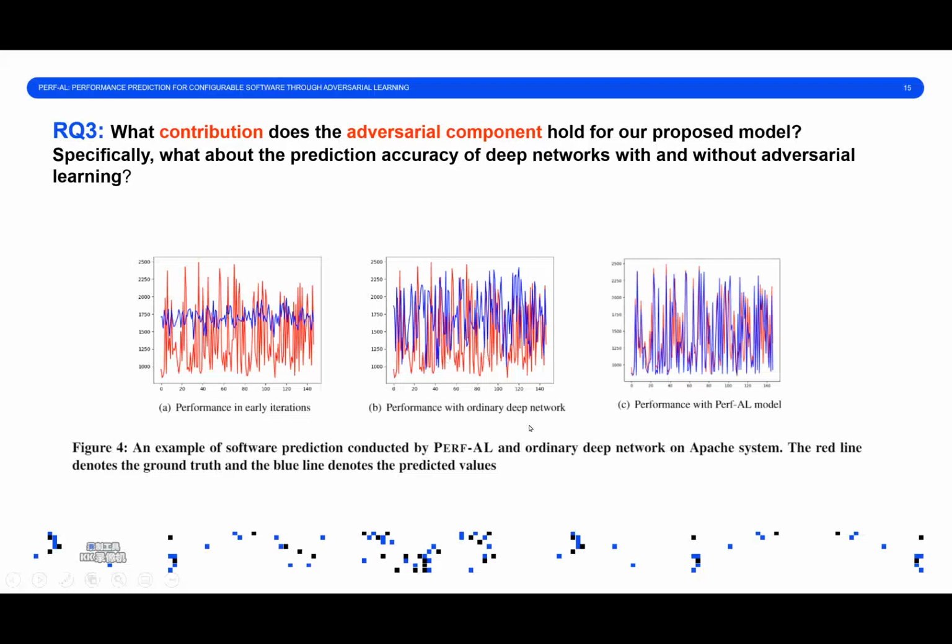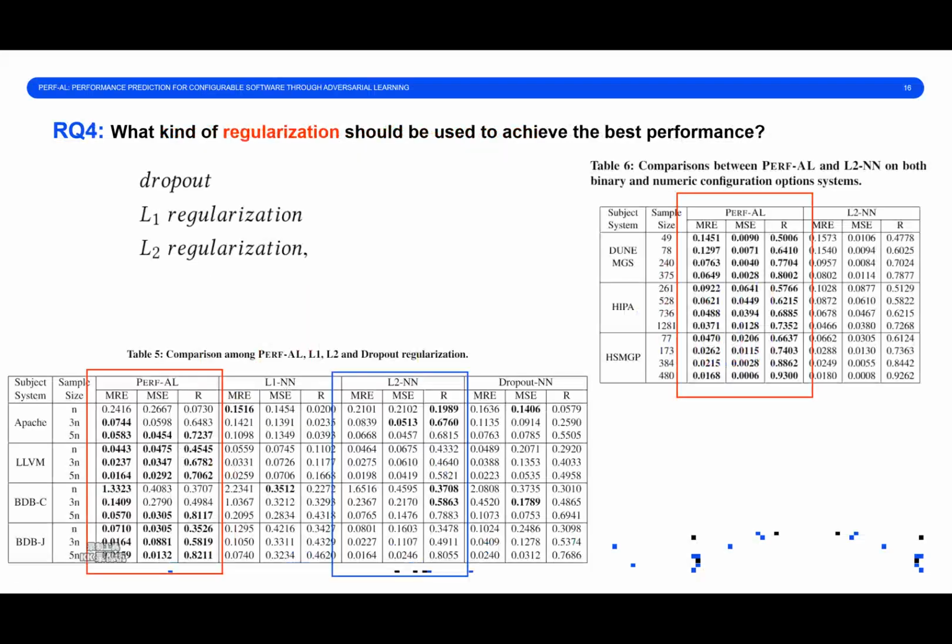The middle picture is a deep network, which is not as good as the right picture, because the right picture uses GAN, but the middle picture is without GAN. So GAN has good performance and plays an important role in the training process.